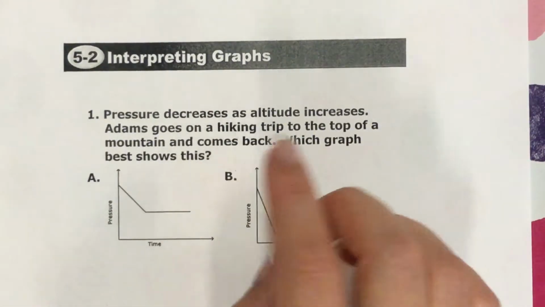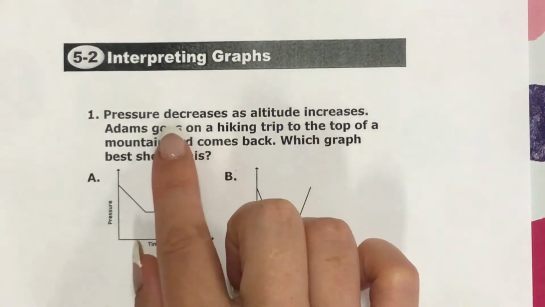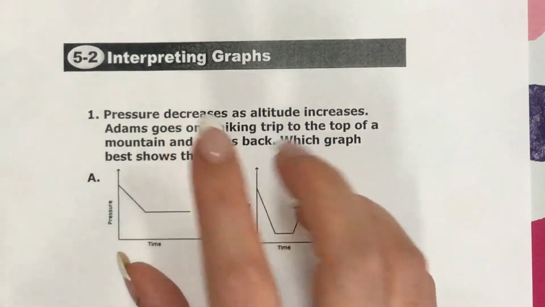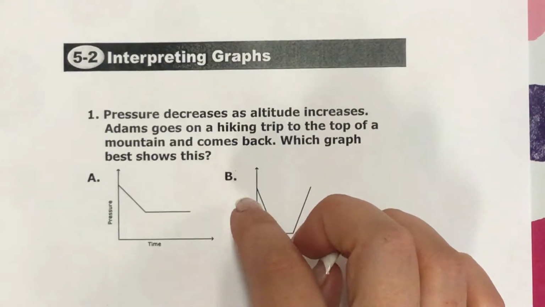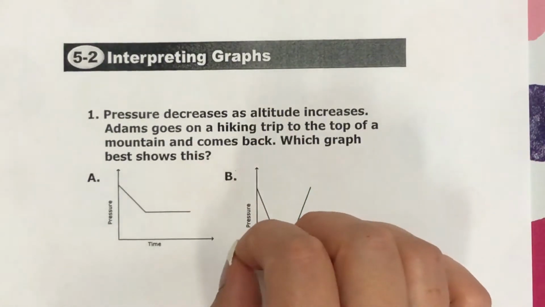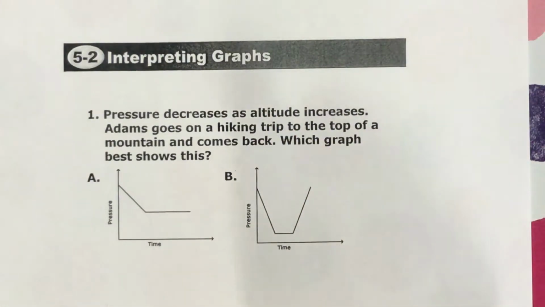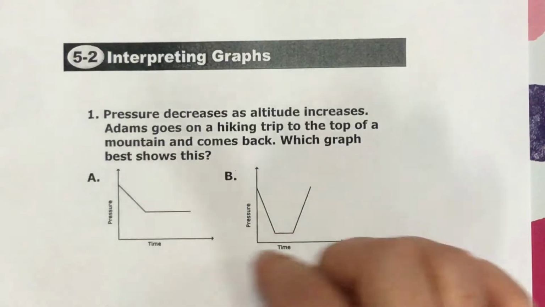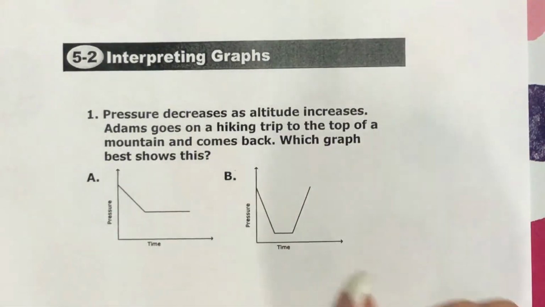So what that would mean is when he is at the bottom of the mountain, the pressure would be more. And as he hikes up in altitude and he gets higher and higher in the mountains, the air pressure would start to decrease. So we need to figure out which one of these scenarios fits that explanation better.